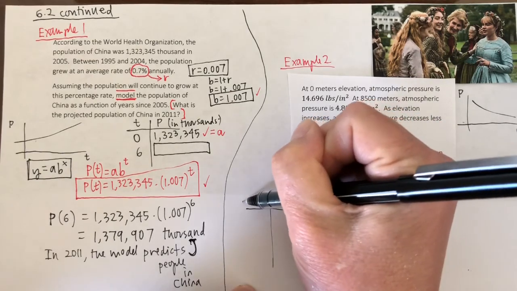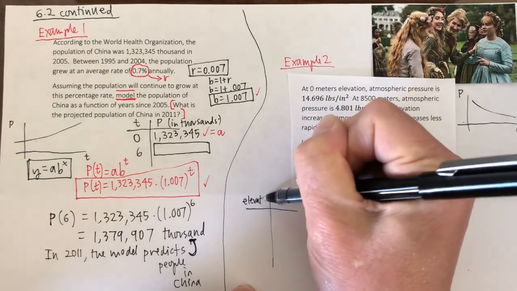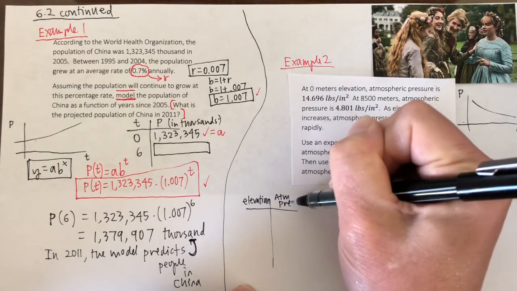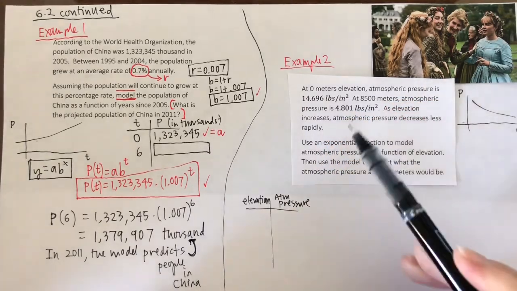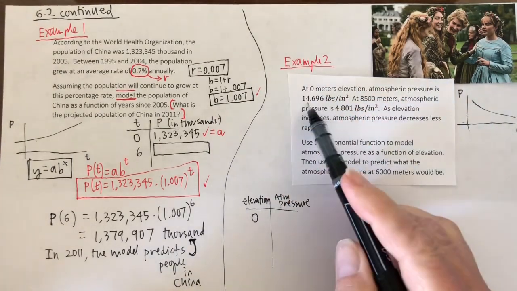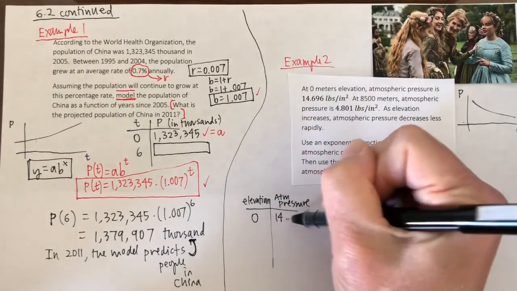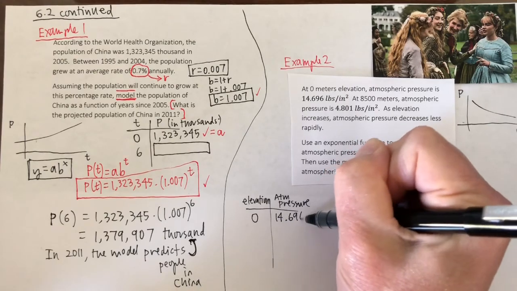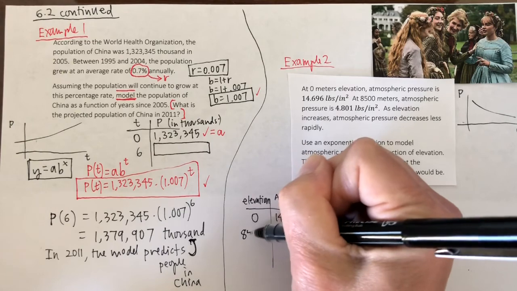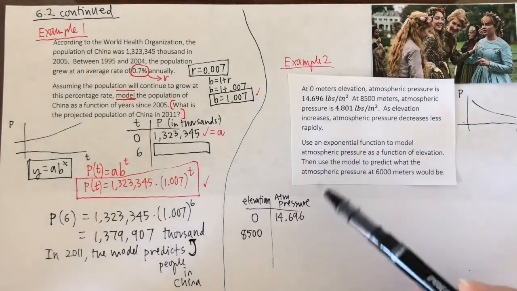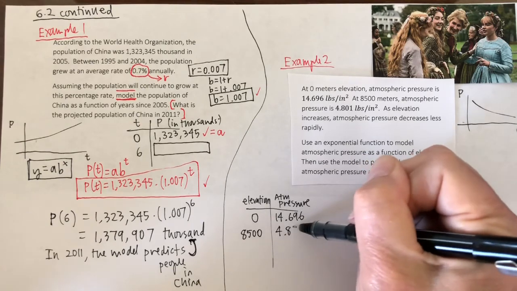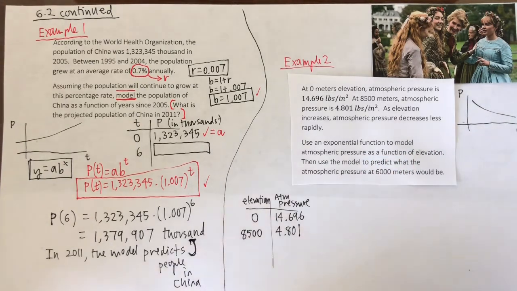So elevation and atmospheric pressure. At 0 meters elevation, the atmospheric pressure is 14.696 pounds per square inch. At 8,500 meters, the atmospheric pressure is 4.801 pounds per square inch.